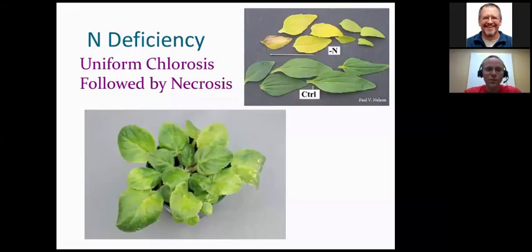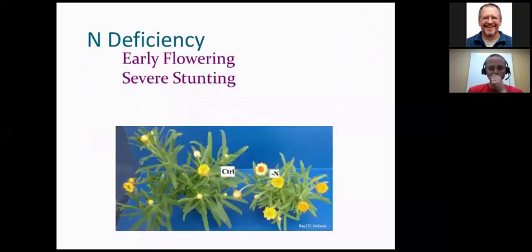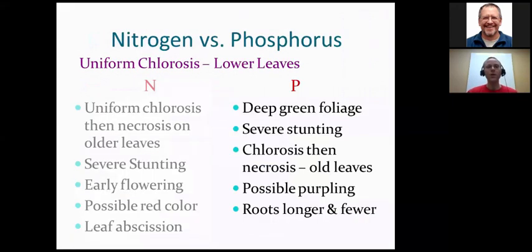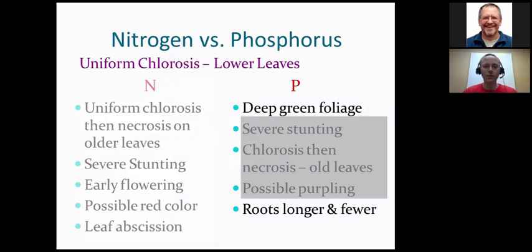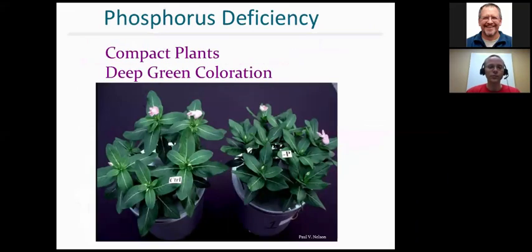And that's one thing with nitrogen deficiency, it's chlorosis followed by necrosis. We have early flowering or severe stunting. So these plants are the same age, and you can see that there are more fully open flowers on the nitrogen deficient plant. And clearly it's much smaller. So those are the keys that we want to look for in telling the difference between nitrogen and phosphorus. Now with phosphorus, again, we're going to focus on that deeper green foliage and the longer, fewer roots.